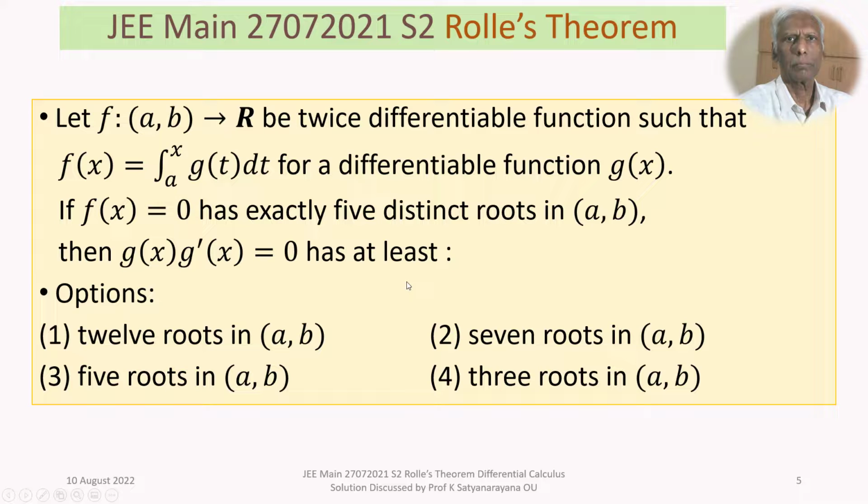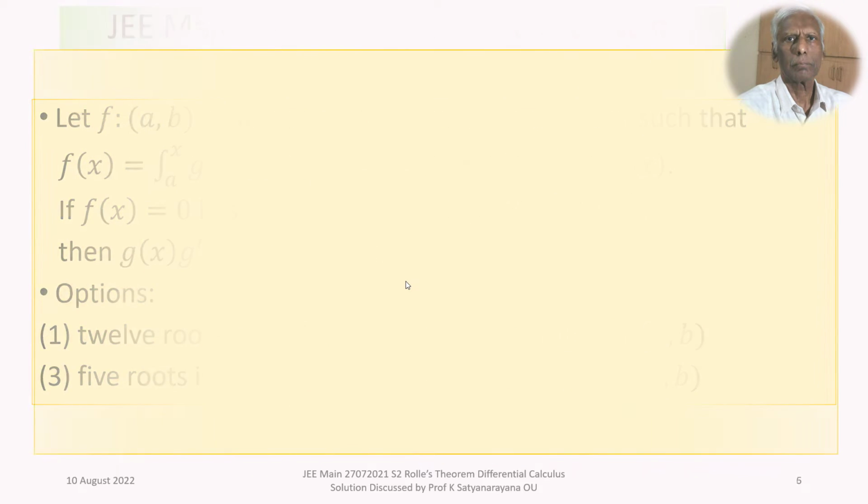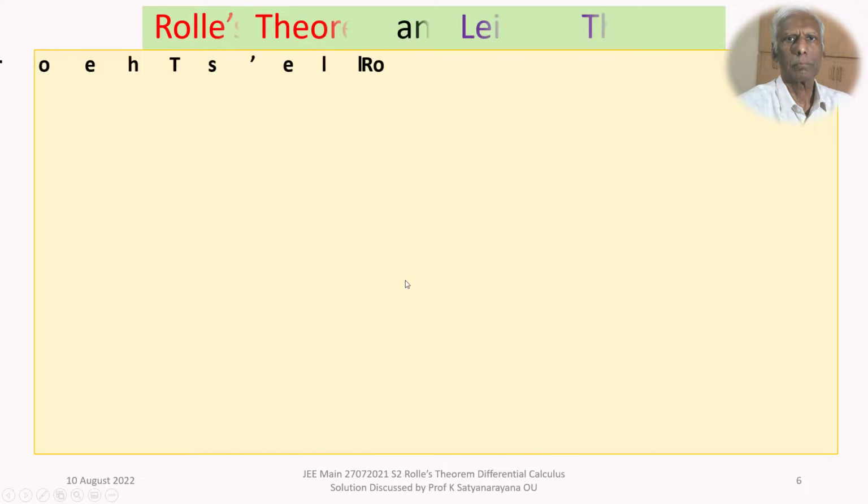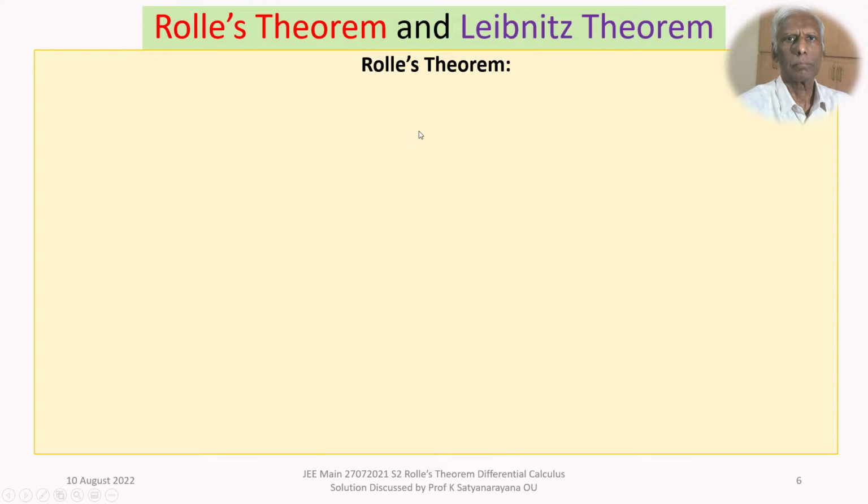We now discuss the solution of this problem in detail. We first review the Rolle's theorem. Because we use the Rolle's theorem, let us first of all be familiar with it.